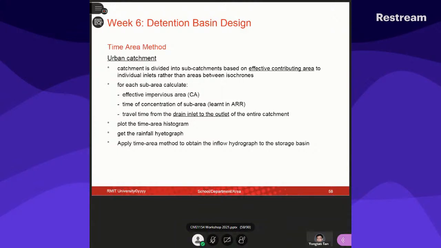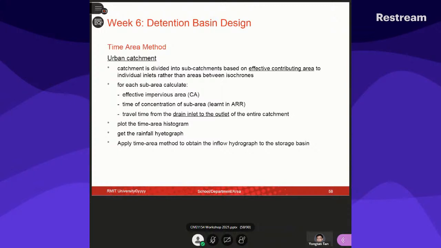The time area method is used to estimate the inflow rainfall hydrograph. But for the detention basin design, we actually use two hydrographs, as I showed in the previous slide.